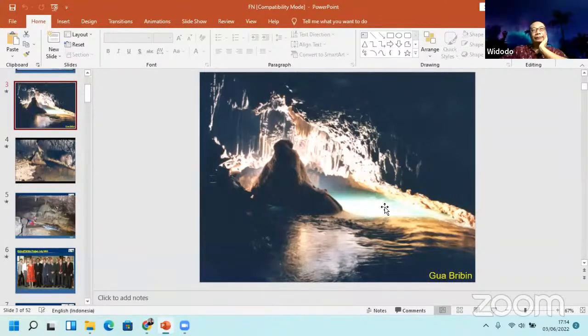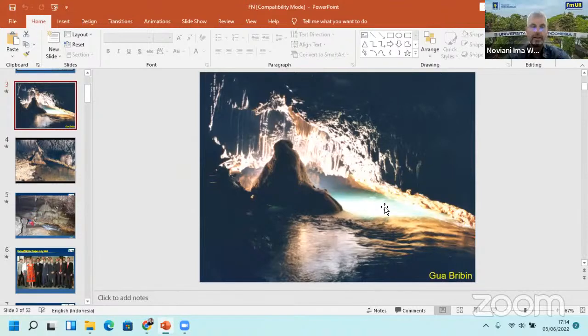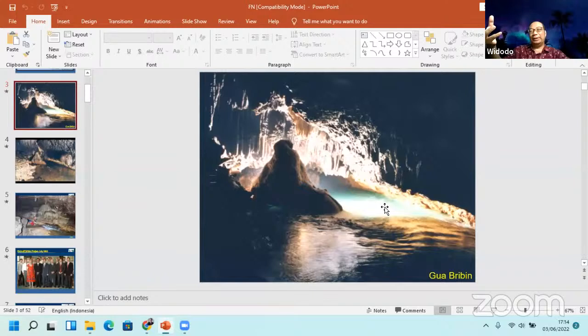Yeah, you're correct. But the question now is how to conserve what we call the catchment area. It's not clear right now how to conserve the catchment area in this case of Pripin cave or Pripin River or Pripin Aquifer or whatever we call it.